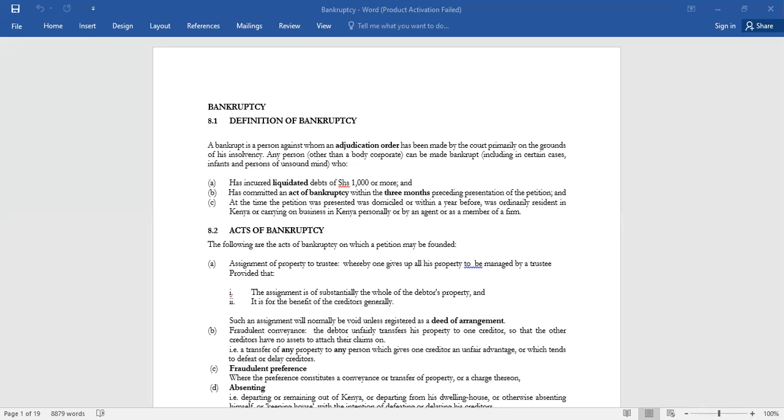So there are a lot of legal issues, and most of these issues are addressed under the Bankruptcy Act. And it is so wide. That is why I'm advising that we take solid, valuable time to understand the Bankruptcy and Insolvency Act clause by clause. The reason is that you may find yourself in a situation where you need to give professional advice.